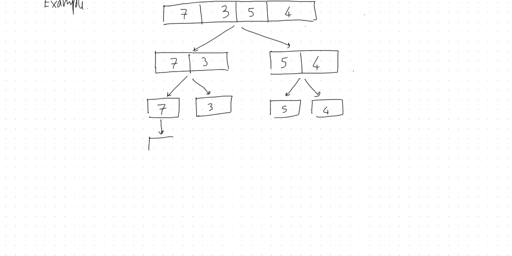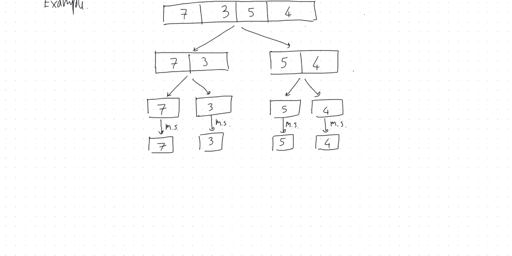When I call merge sort here, it just returns 3. When I call merge sort on this array of size 1, it just returns 5, and this one just returns 4. So these are all merge sort recursive calls, right? That's the base case, because an array of size 1, no matter what the element in the array is, by default, by definition, is already sorted.